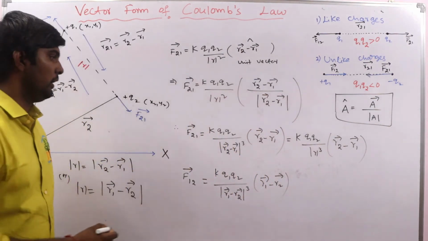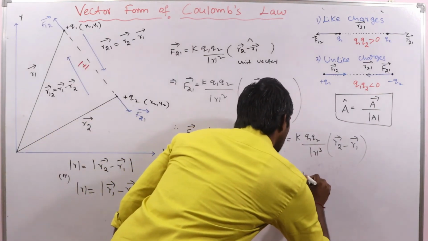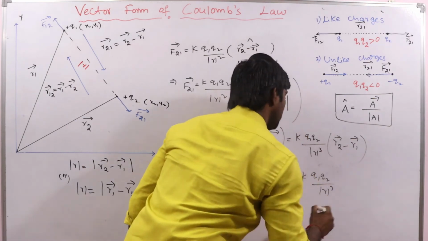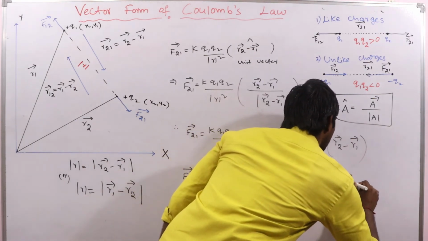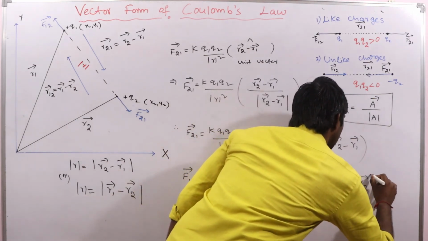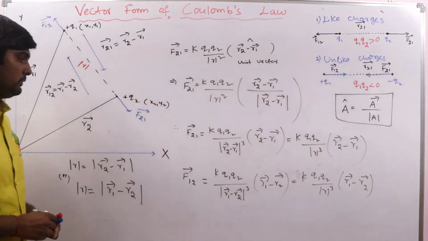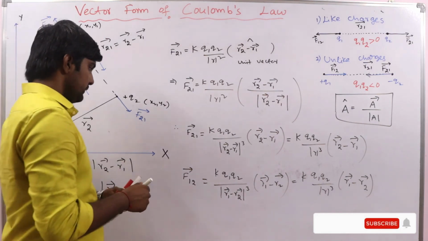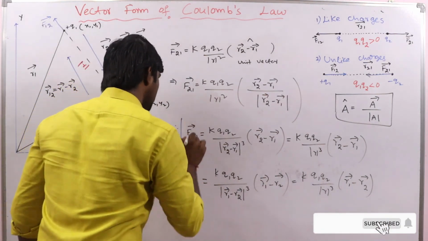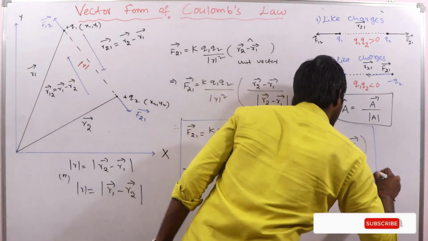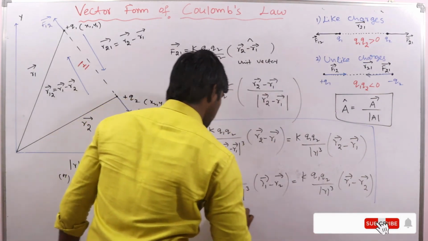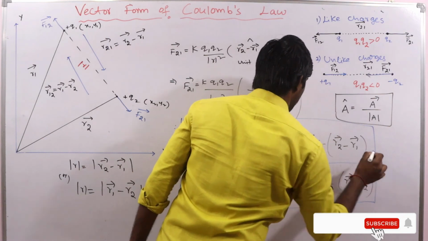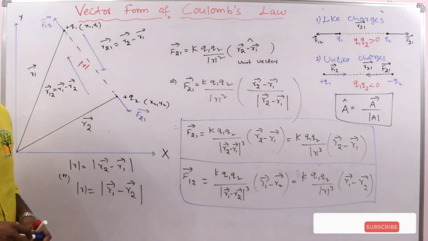This is also equal to K Q1 Q2 upon mod r cube into r1 bar minus r2 bar. So this is the vector form of Coulomb's law. Very important, this one.